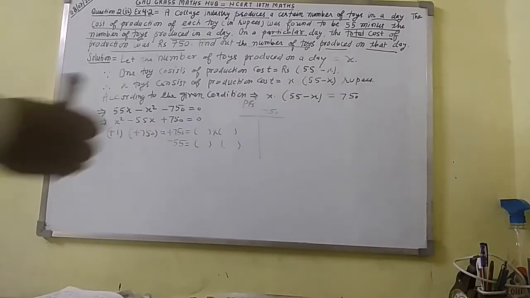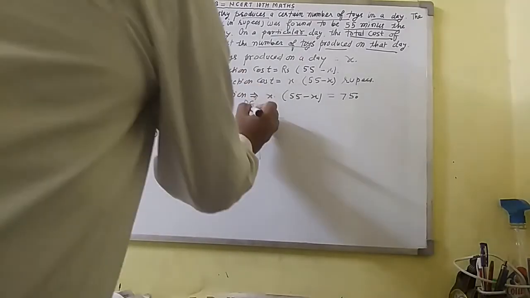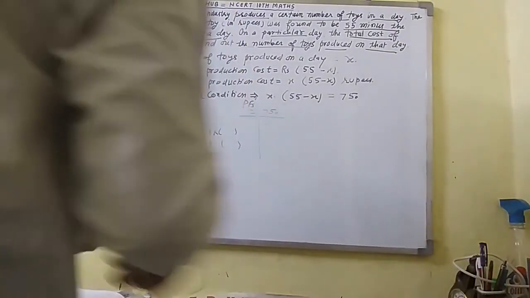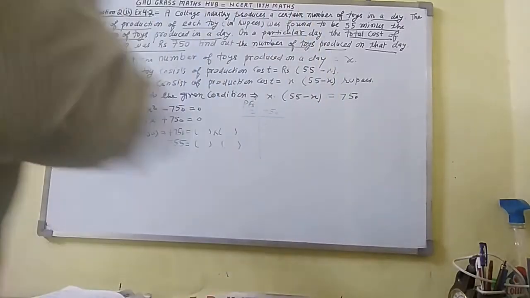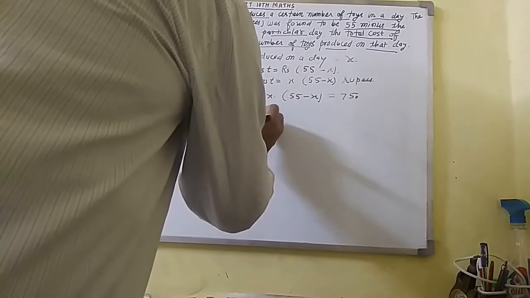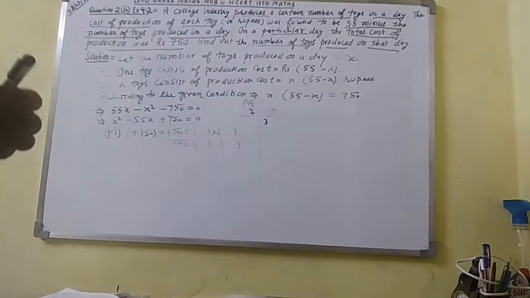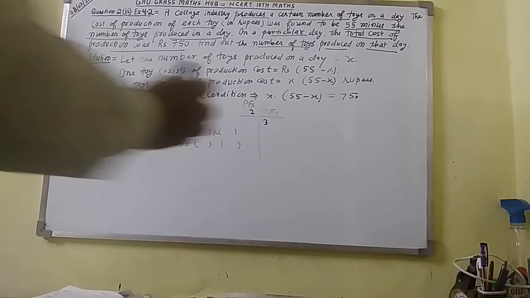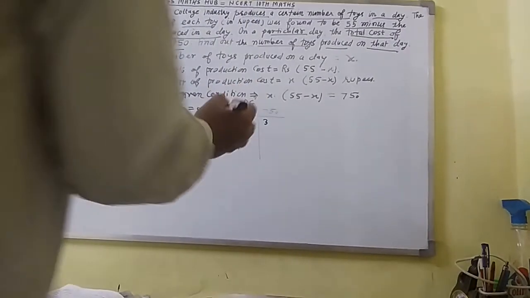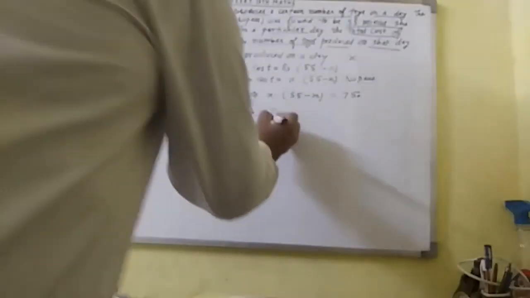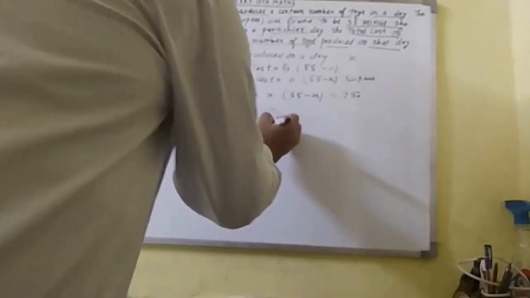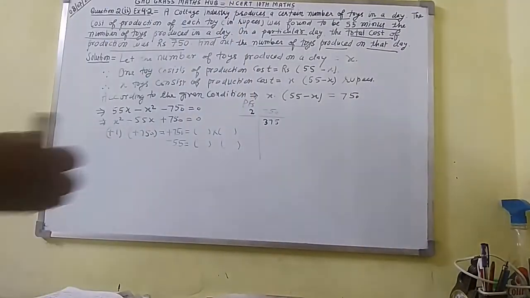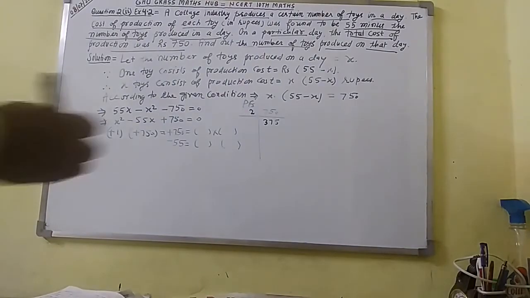This means that 750 can easily be divided by 2. If you divide by 2, you will get 375.